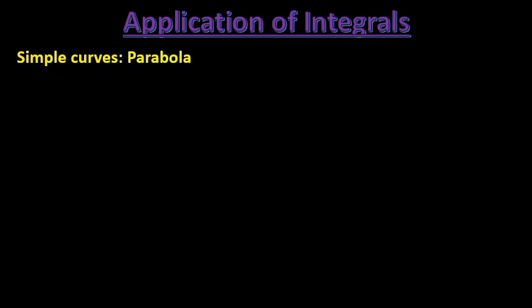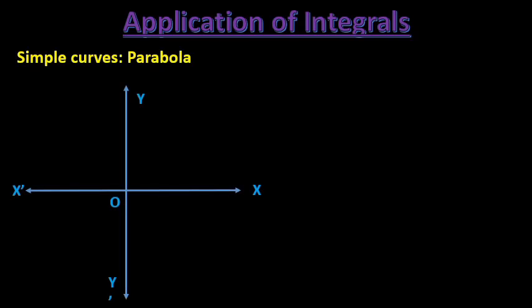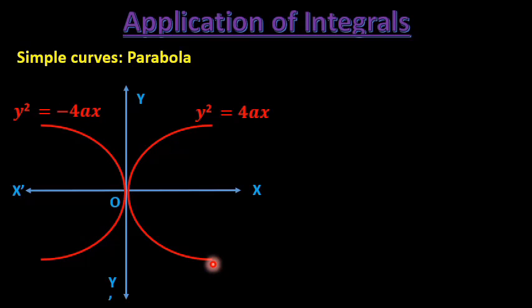So first one is parabola. If the parabola has the equation y square equals to 4ax, then it is symmetric about x-axis and open towards right. But if it is symmetric about x-axis but open towards left like this, then the equation of the parabola will be y square equals to minus 4ax.